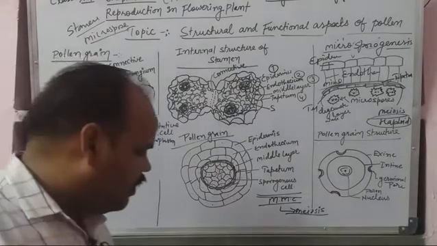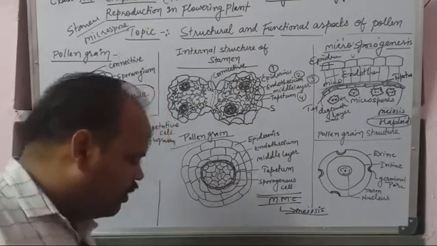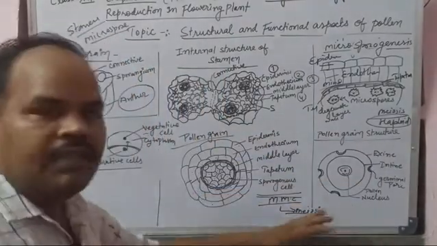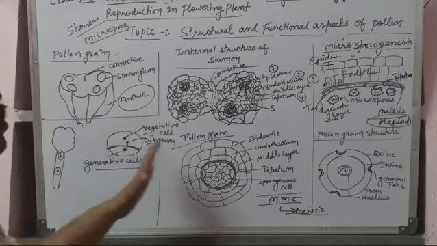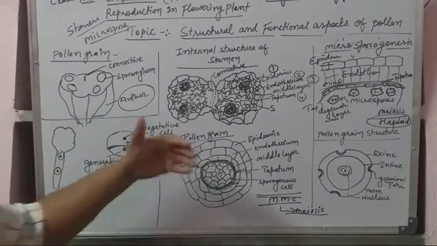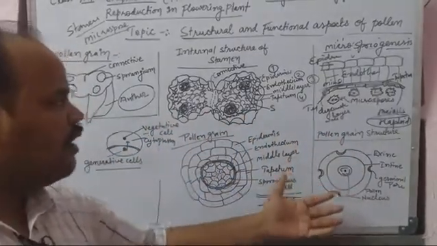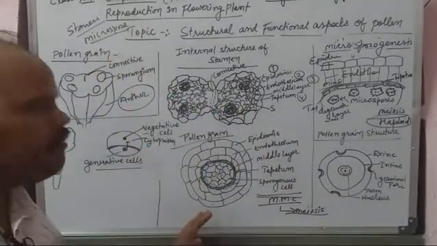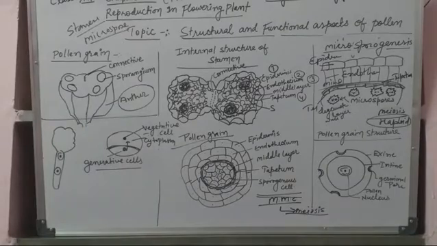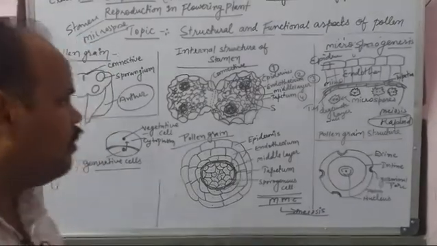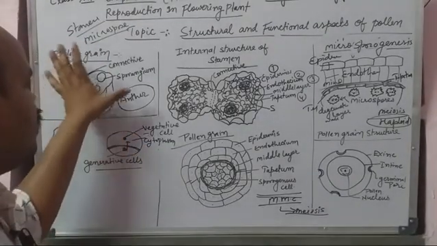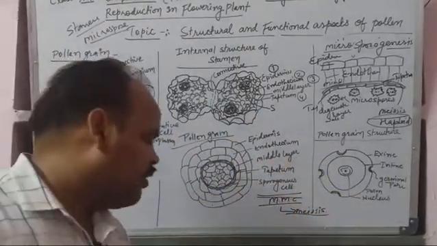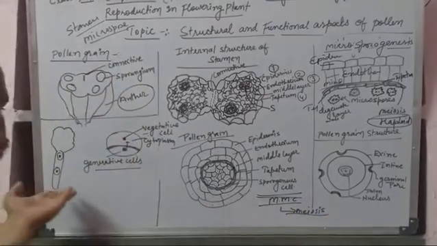So that includes everything: the microspore formation, the pollen grain structure, the microsporogenesis structure, the internal structures of the stamen, and the pollen grain structures, which have an outer covering and an internal structure for the formation of pollen grain.